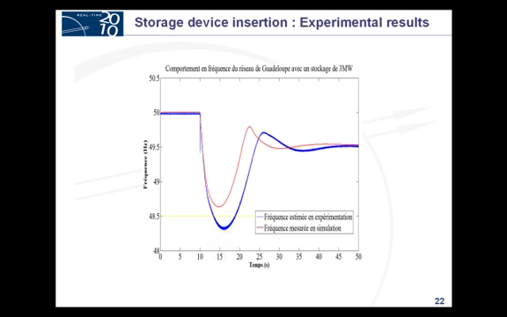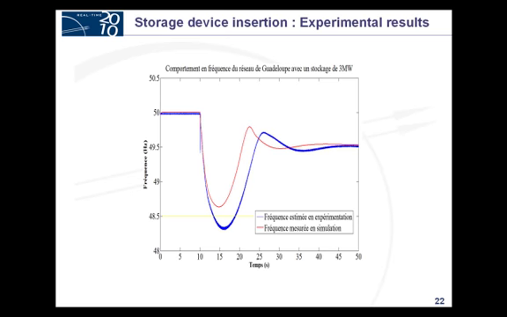As you can see, you have a small error between the two results, but we have done some improvement for this kind of application, and the results now are approximately the same. You have a small lag because you have some conversion. You use digital to analog converter or analog to digital converter, which introduce some delay in the PHIL application.